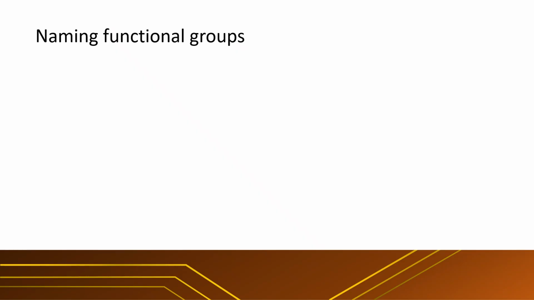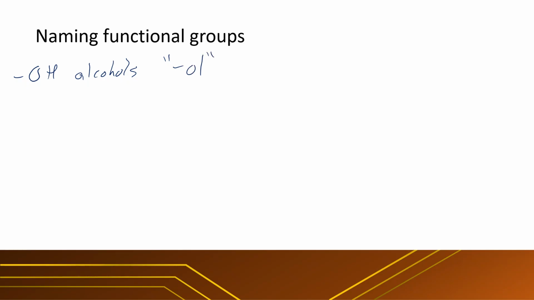Now, organic compounds with functional groups also have different names because of those functional groups, and you should be able to recognize it just based off of usually the suffix. So alcohols, which are OH, their names end in ol, like the word alcohol.